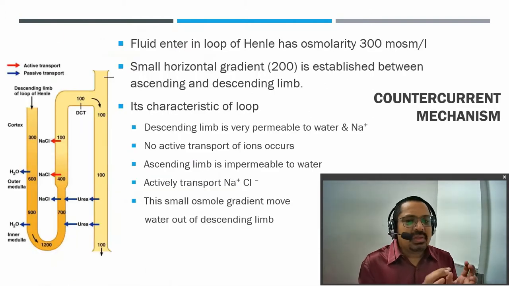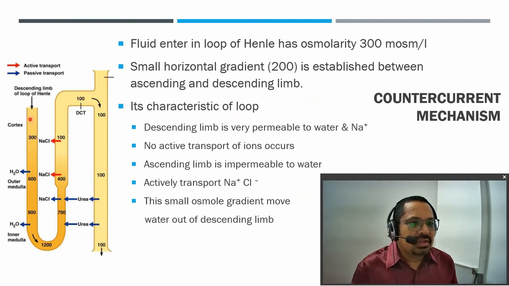Now one typical mechanism observed over here is the countercurrent mechanism. You can see the loop of Henle, with the descending loop and the ascending loop. The flow in the descending loop is downward, whereas the flow in the ascending loop is upward.